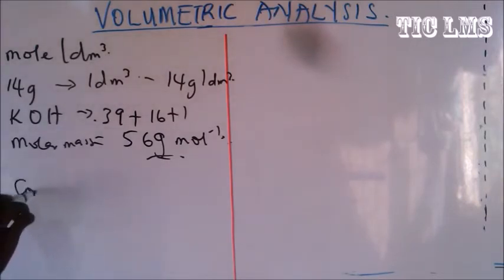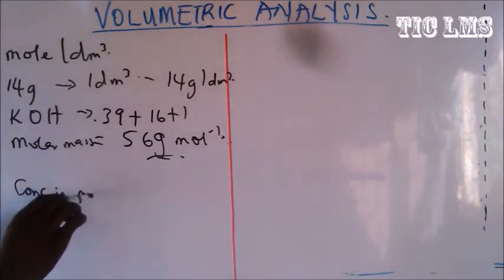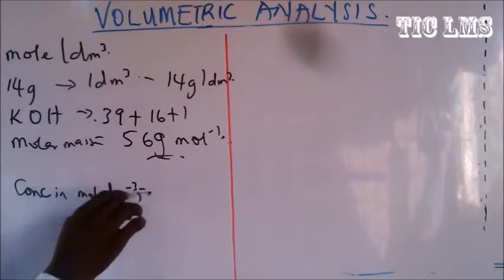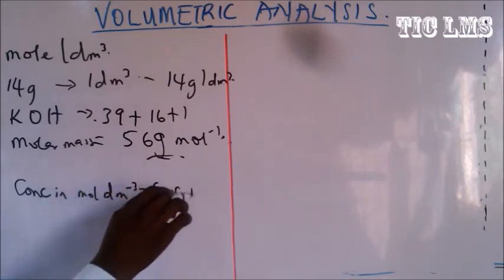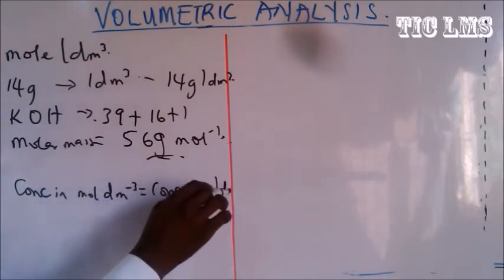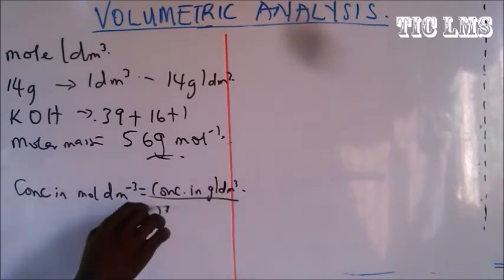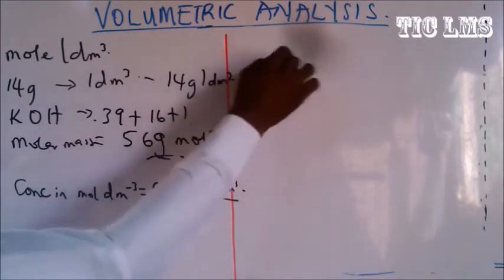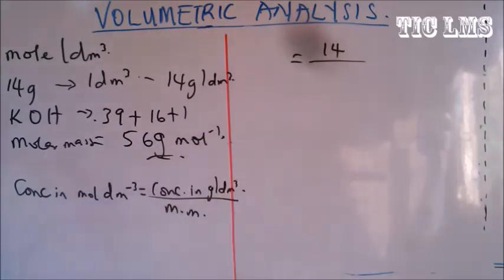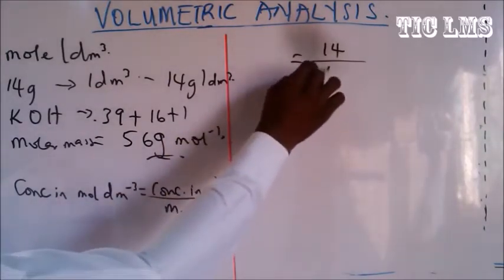And so we have that concentration in mole per dm cubed equal to concentration in gram per dm cubed over molar mass. And so that is 14 over the molar mass, which is 56.